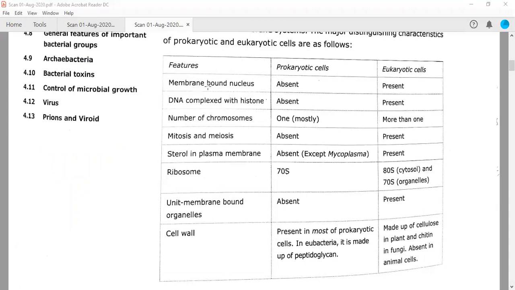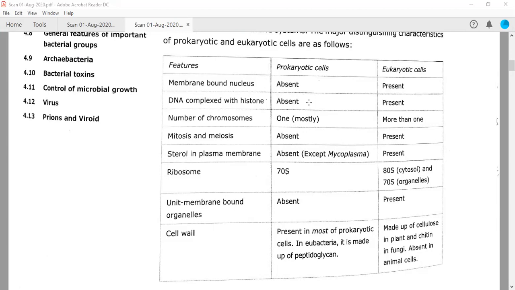So, membrane-bound nucleus is present only in eukaryotic cells but absent from the prokaryotic cells. DNA complex with histones. We know the histone proteins are present in eukaryotes, for example in animals. But when we compare them with prokaryotic cells, the histone proteins are not present.